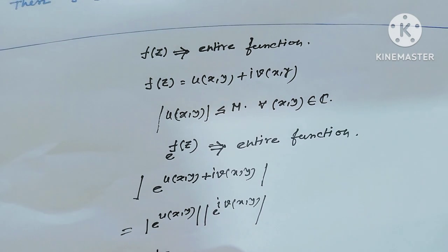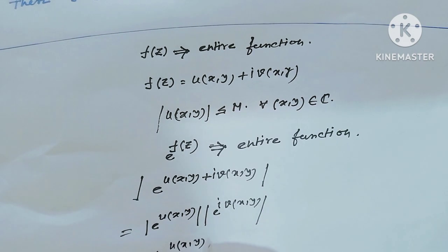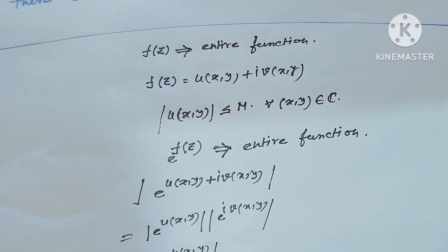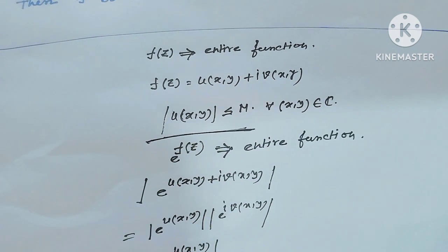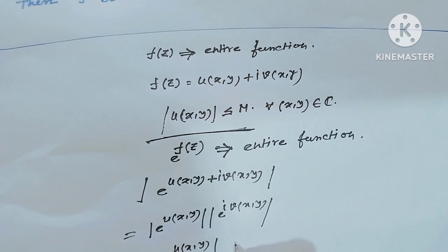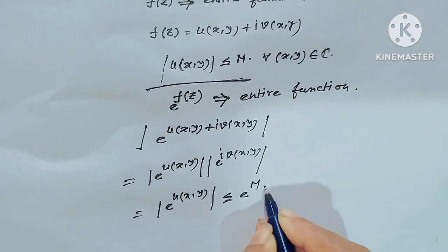So this is e to the power u(x,y). And since u(x,y) is less than or equal to M, this would be less than or equal to e to the power capital M.